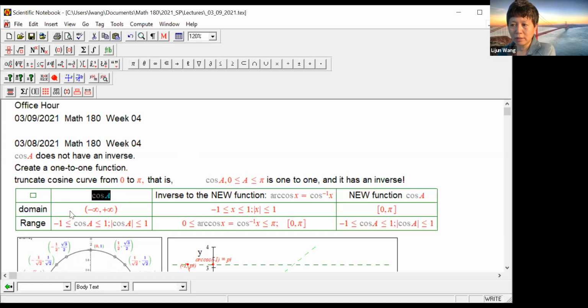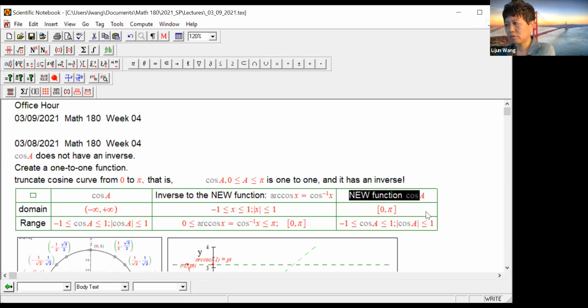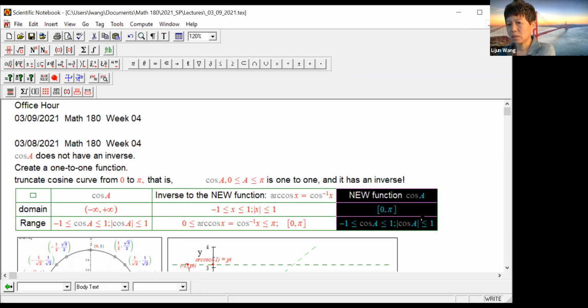Naturally, cosine's domain and range is such, which is determined by its definition. But the other function, cosine, this function, is not considered the same function because it's been modified. So these two are not new functions.